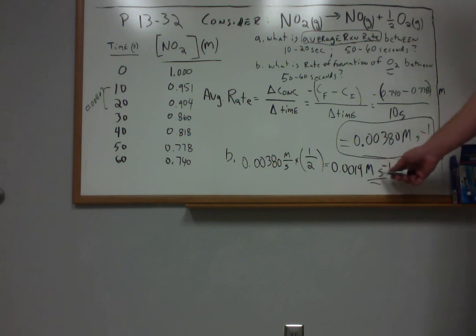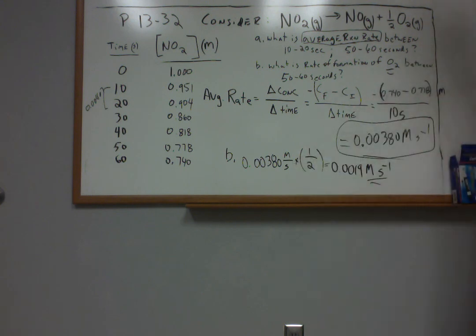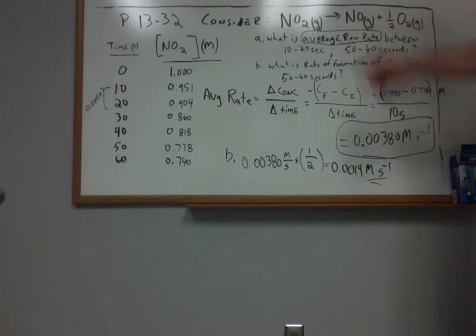Where I wrote s to the -1, that just means it's appearing in the denominator. It's inverse seconds, okay? So it's the same exact unit. Sometimes you'll see it written either way. Just wanted to point out that that's a possibility. But this is example 13.2, computation of the average reaction rate.